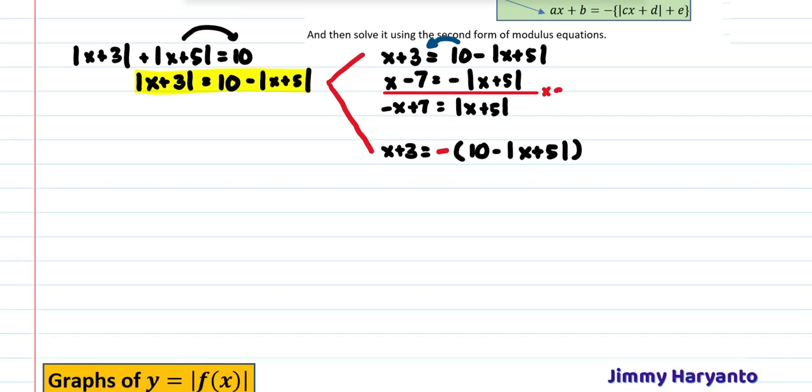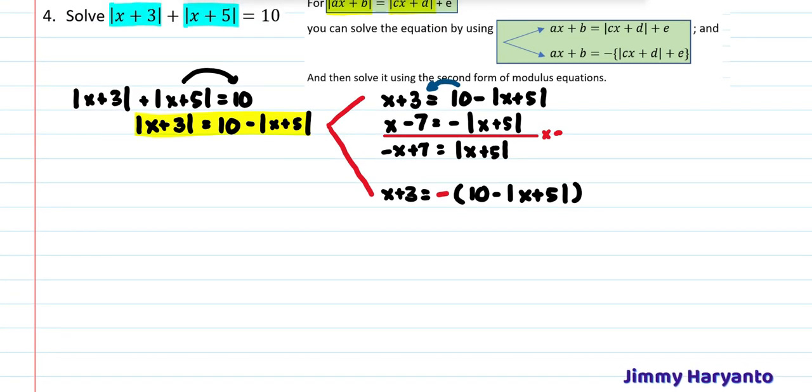We cannot do anything else. Just leave it like that, but we will solve it later using the second type of equation. Let's do this part first. So in this part, you have to expand the negative first. That means you have to multiply the negative inside the brackets.